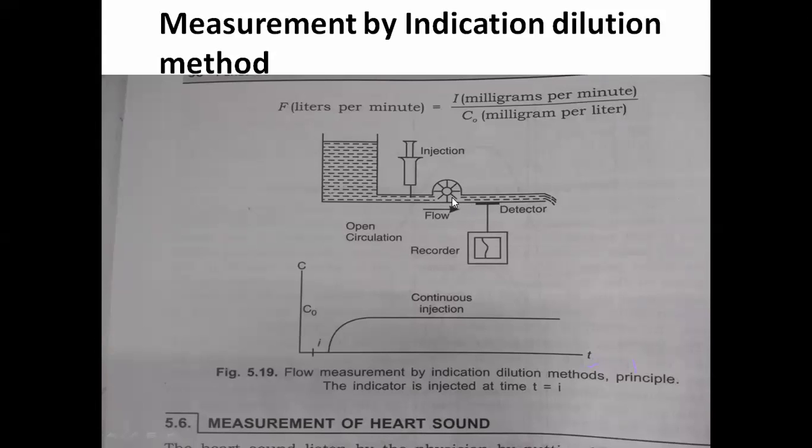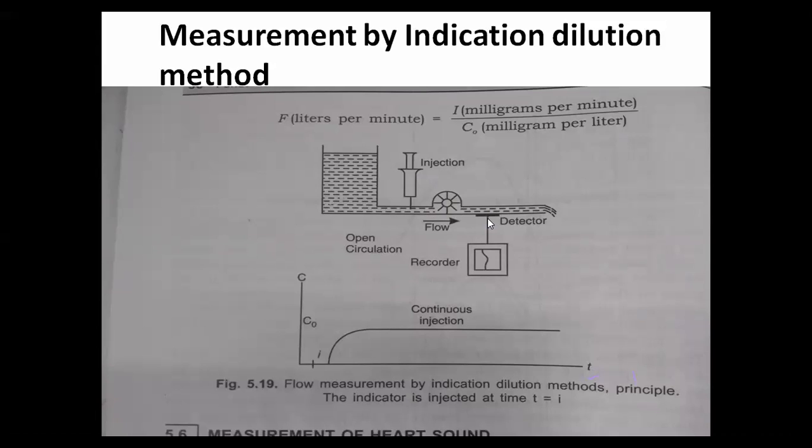If the blood flow is very high, the injected material does not mix with the blood, and due to that the detector output becomes low. When the output is low, it has a high flow rate.